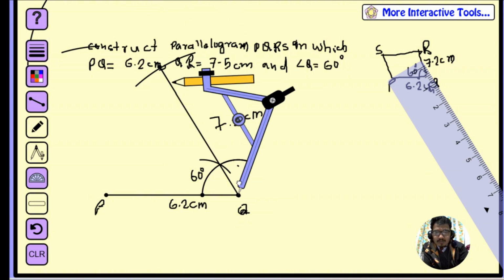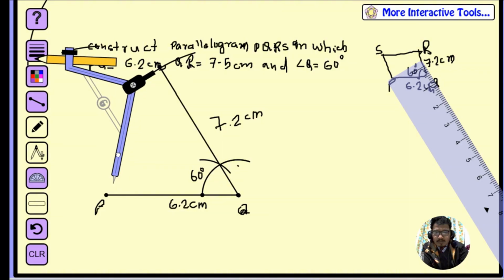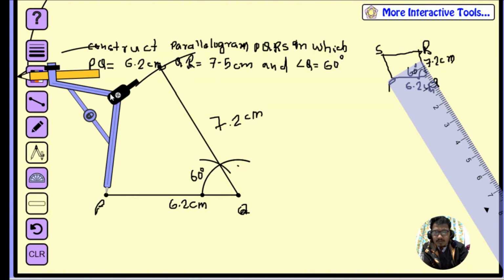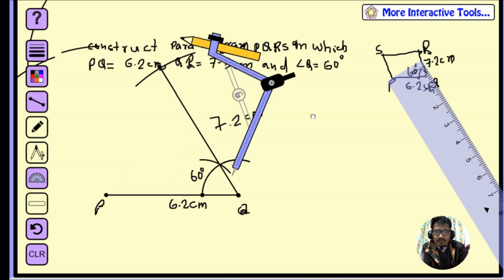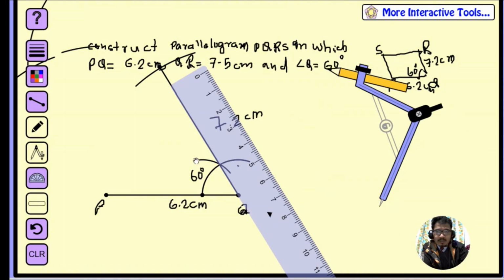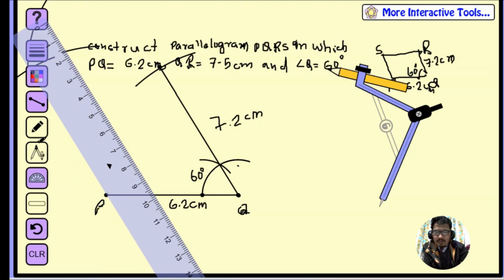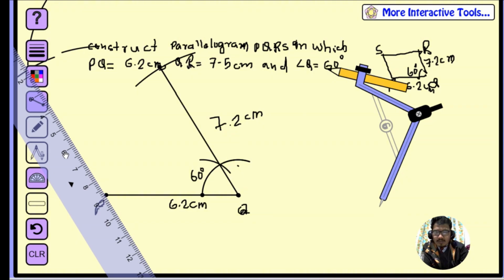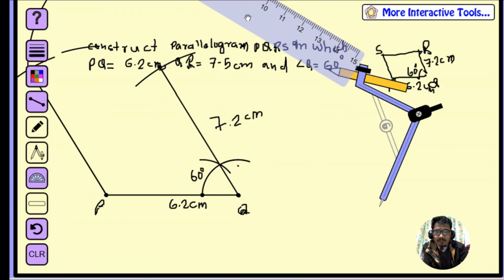Again measure these opposite sides, like this. And from here cut this, cut like this, and now put the compass at the side, and then join it, like this, right? Now put the ruler like this and join from here, and after this one also join, right?